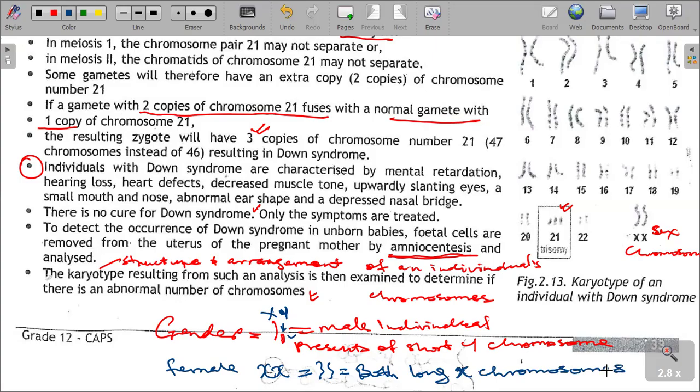This is a female because of the double X chromosome. XY is shown by having a short Y chromosome. I'm sure that you can see this.